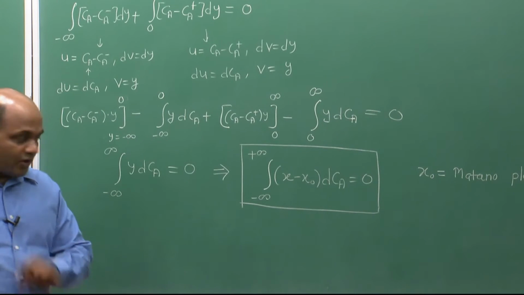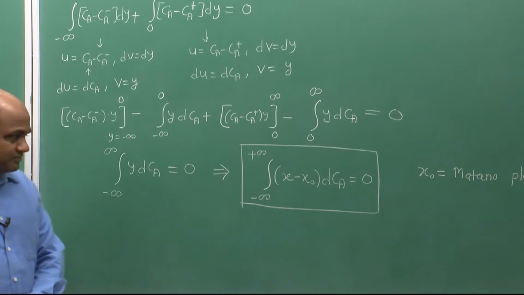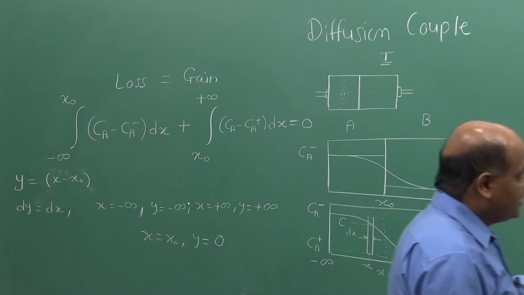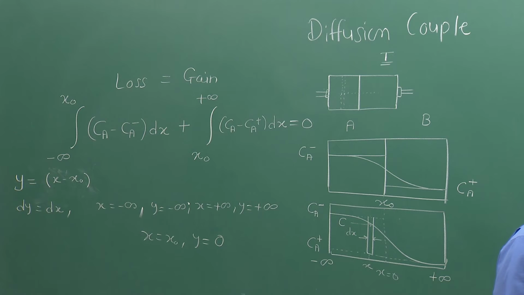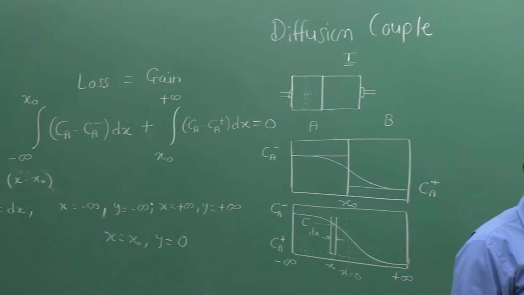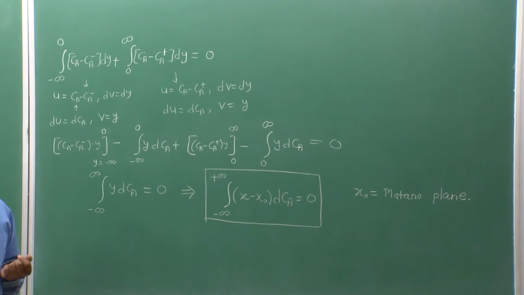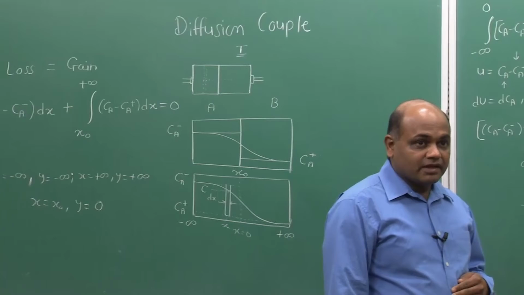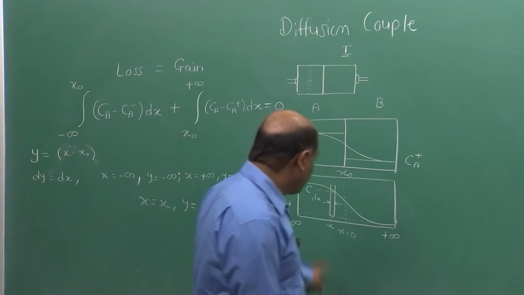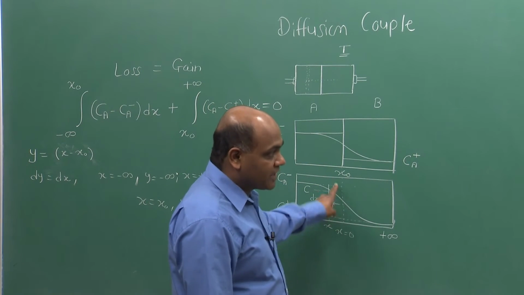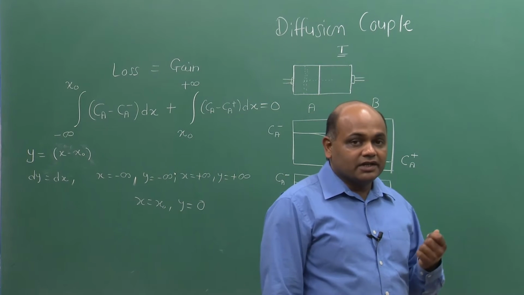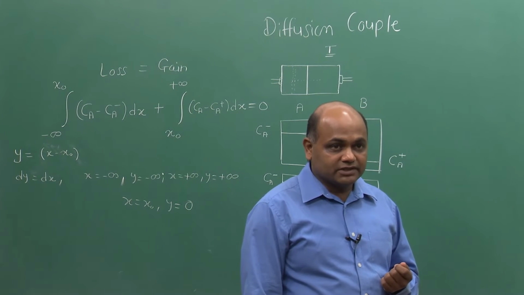Now, we need to note 2 points here. First, we obtained this equation independent of number of components, which means whether we are considering binary couple, ternary couple or quaternary couple, this should be applicable. But there is also another condition with it, because we want to use Matano plane as the reference plane for finding out interdiffusion fluxes and interdiffusion coefficients.